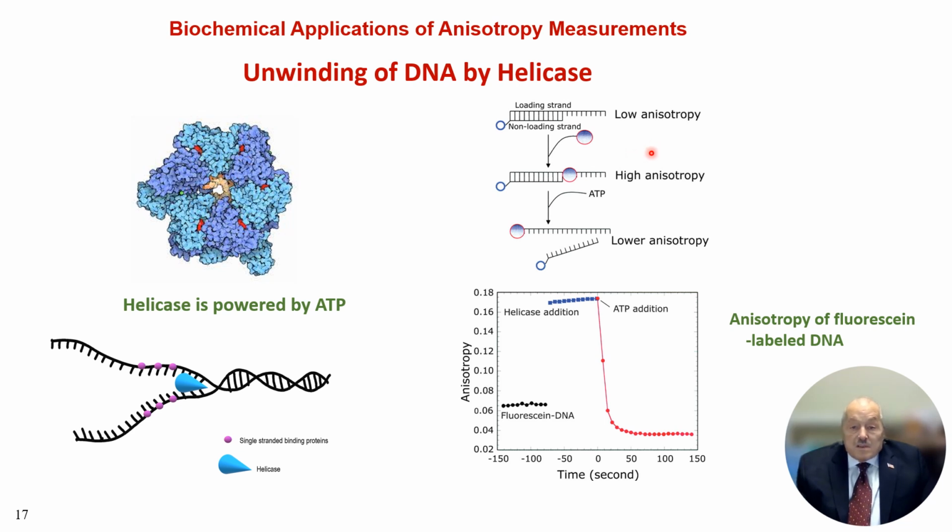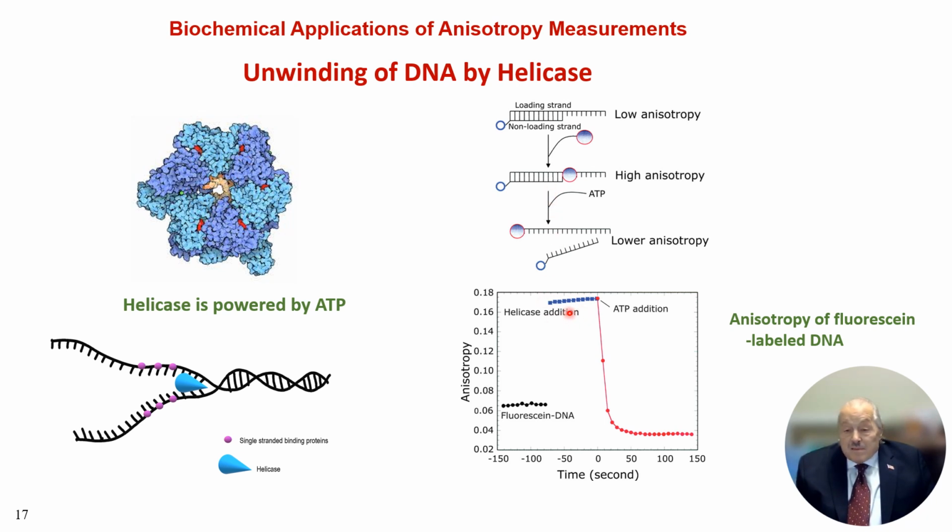And the way it was done is they used 2 strands of DNA, and I forgot which one has the fluorescein on it, but it doesn't matter. One of the strands has it on there. And when the strand is not bound to the other complementary strand, it's a low polarization. When the strand is bound to the complementary strand, the polarization is high.